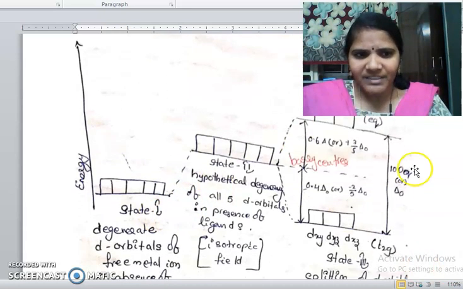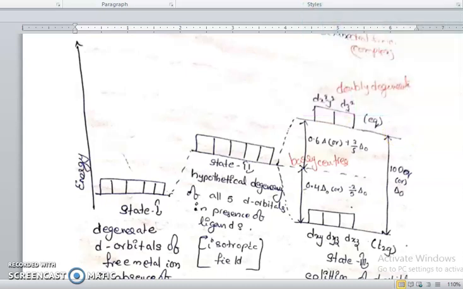Generally a hypothetical condition is considered. Initially, this is the degenerate state of a metal atom when it is not under the influence of a ligand. If the ligands approach from all directions with the same influence, then we consider this an isotropic field.